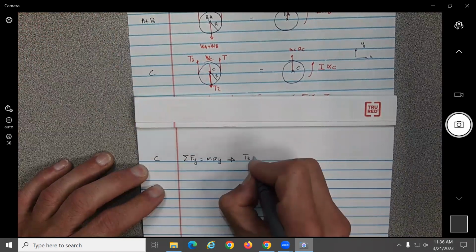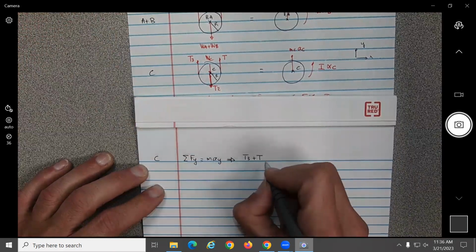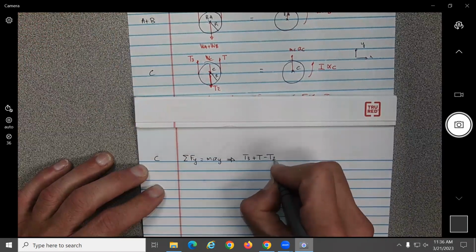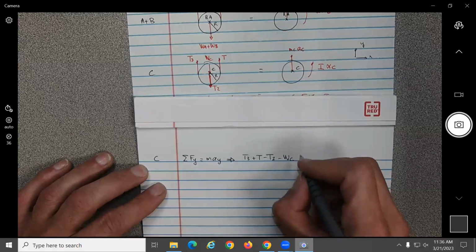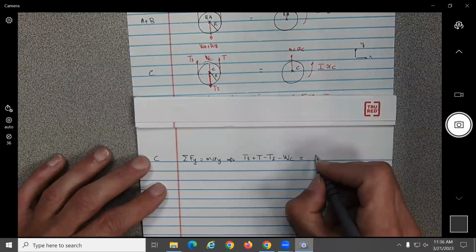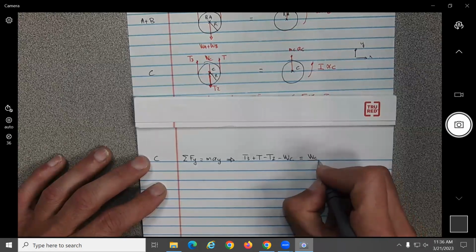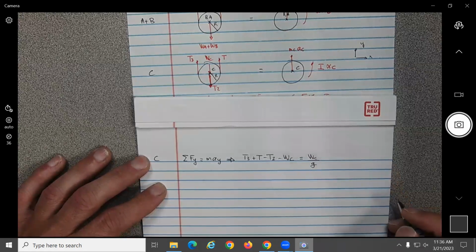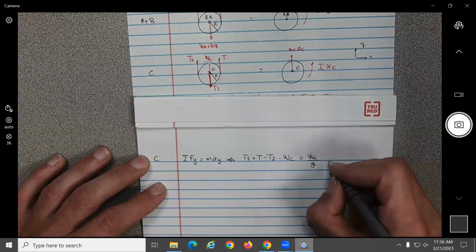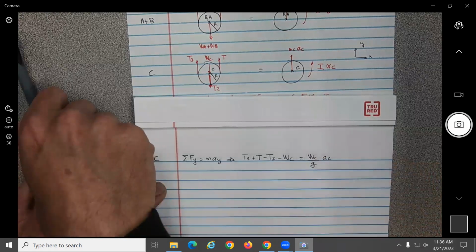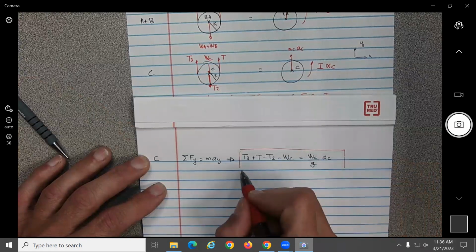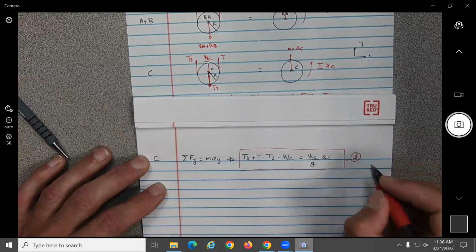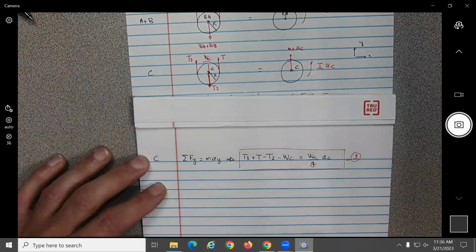T3 plus T minus T2 minus WC. So 1, 2, 3, 4. And this should be equal to what? Correct. So WC over g times acceleration of C. And this should be our equation 3.